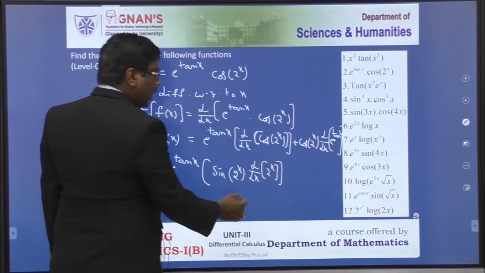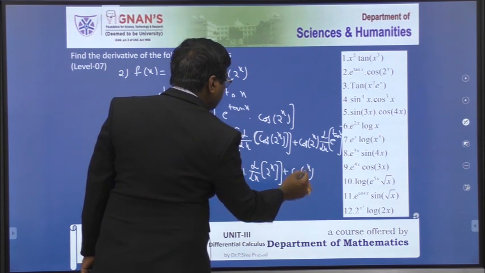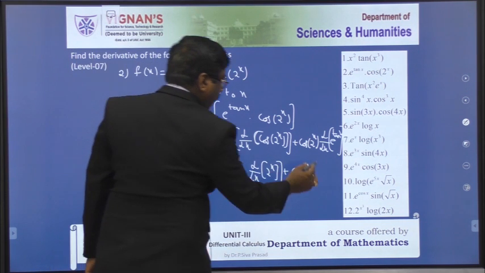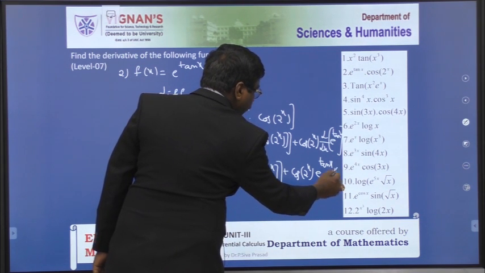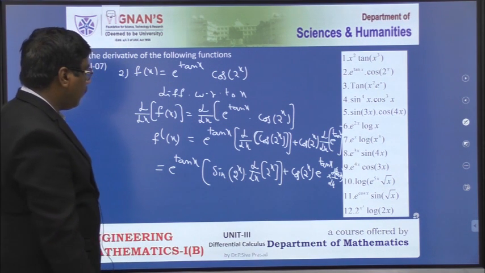Plus, again, cos of 2 power x into d by dx of e power tan x, that is e power tan x into the internal derivative of tan x, d by dx of tan x.